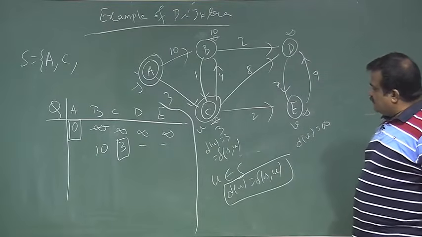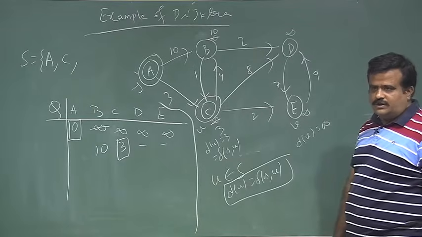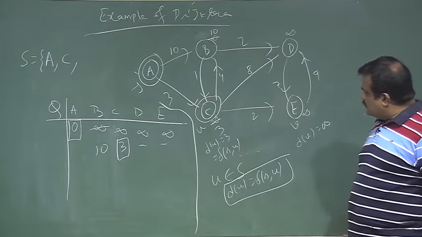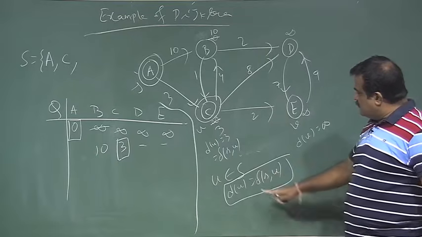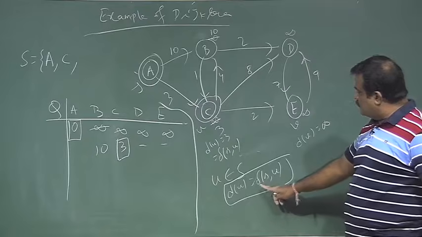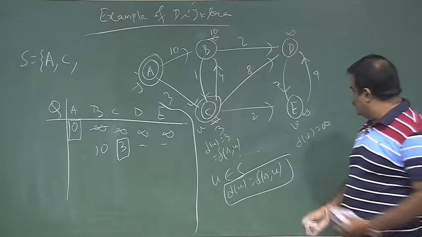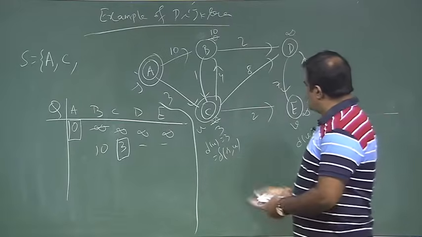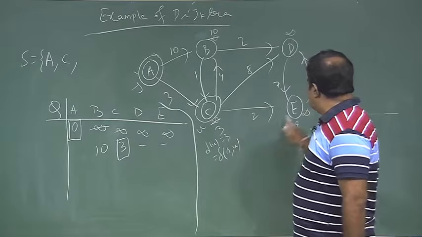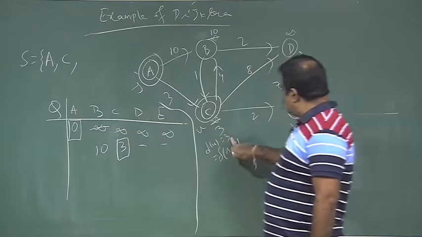Once we capture a vertex in capital S, its distance becomes the shortest path from S to that vertex. So now this is 3. From S to V, we can go from S to u with cost 3.